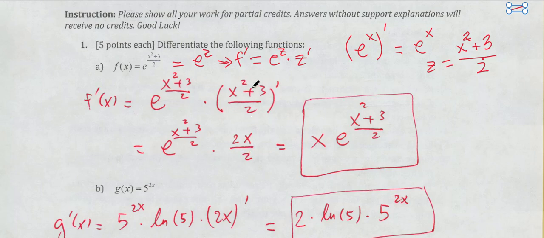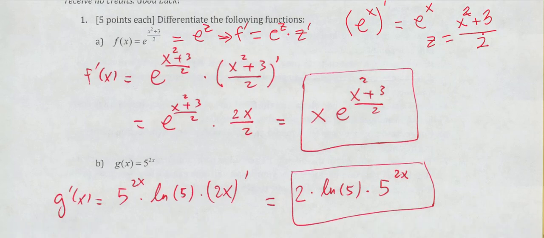Then all you have to do is take the power rule of the x squared: bring down the 2 and subtract 1 from the exponent. The number 3 is a constant, so when you take the derivative, you get 0. That's why we got 2x over 2 here. We can simplify this further. The 2 cancels out, so you end up with just a single x, multiplied by e to the x squared plus 3 over 2. And that is the answer for part A.